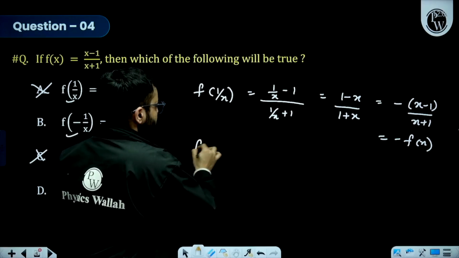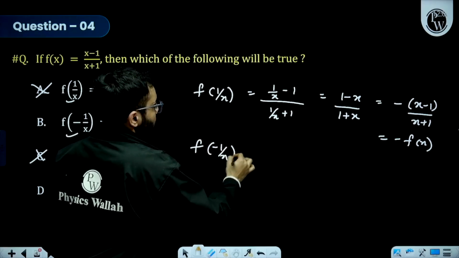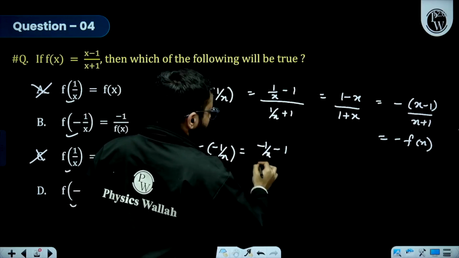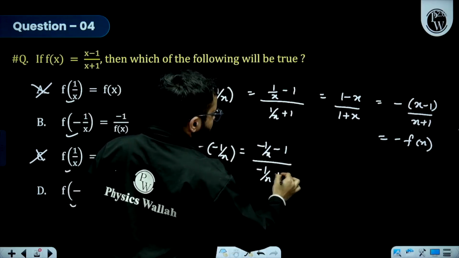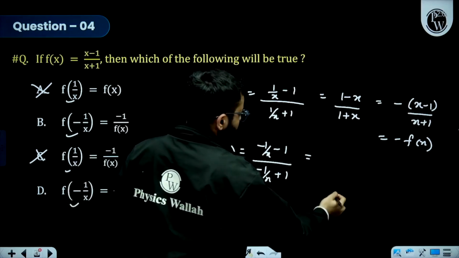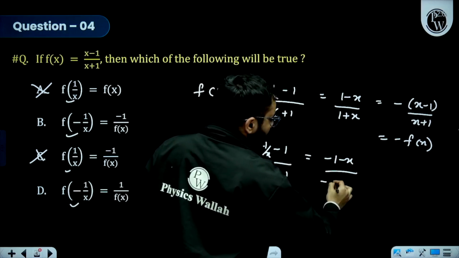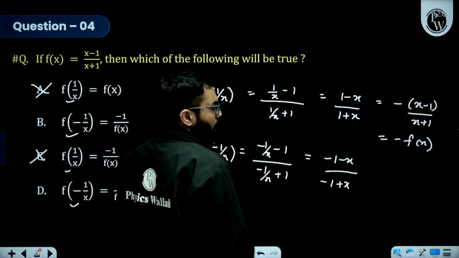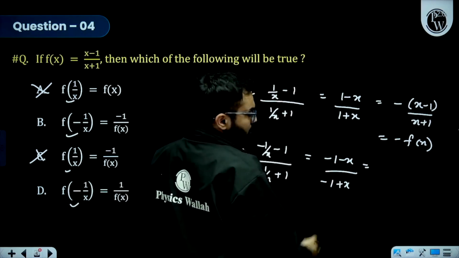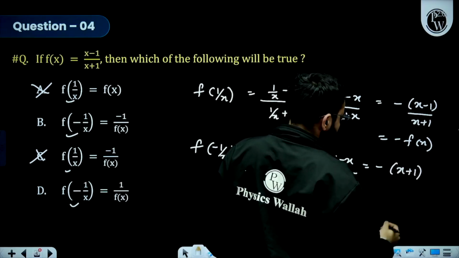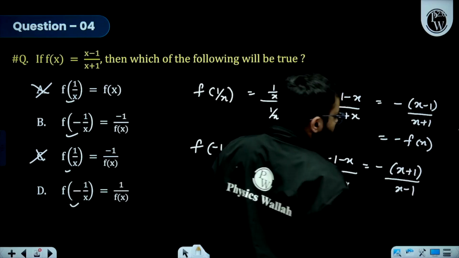So if I substitute x as minus 1 by x now, this will basically become minus 1 by x minus 1 upon minus 1 by x plus 1. And if I resolve it even further, this becomes minus 1 minus x upon minus 1 plus x. And if we take the minus sign out of it, this thing will become minus of x plus 1 upon x minus 1.